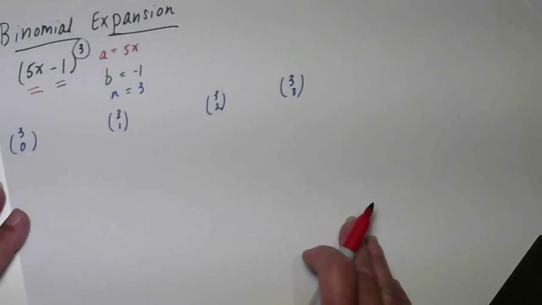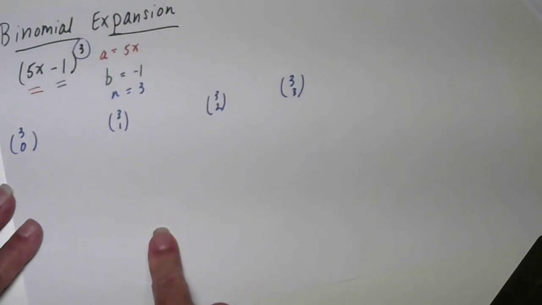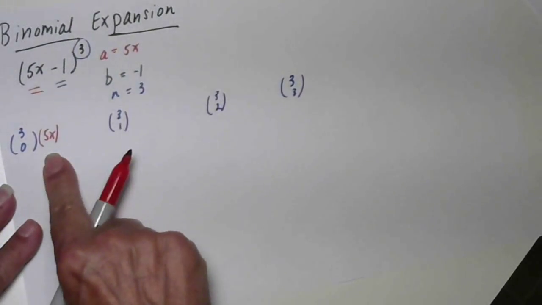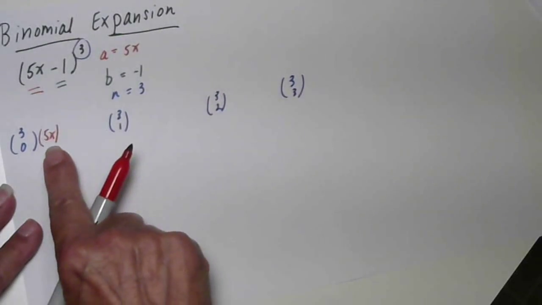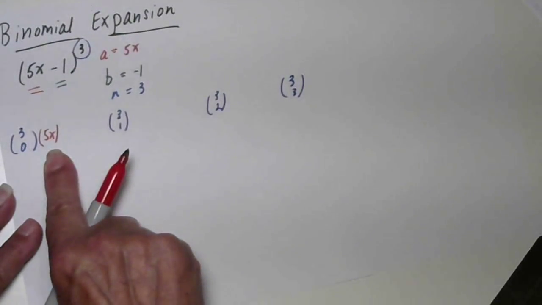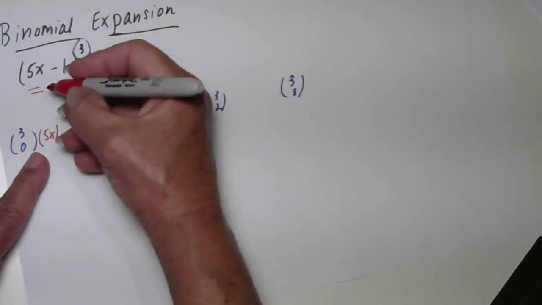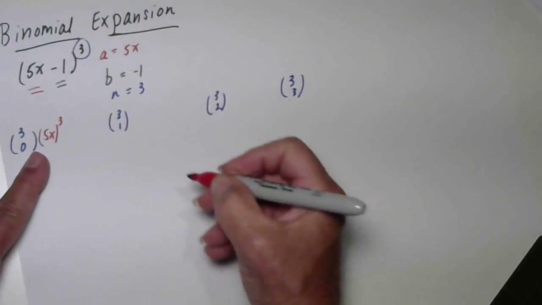Now let's take a look at our A information. In our first term, we have our A information, and now the exponent that corresponds to this first term for A is the n, our largest exponent, which is the 3.